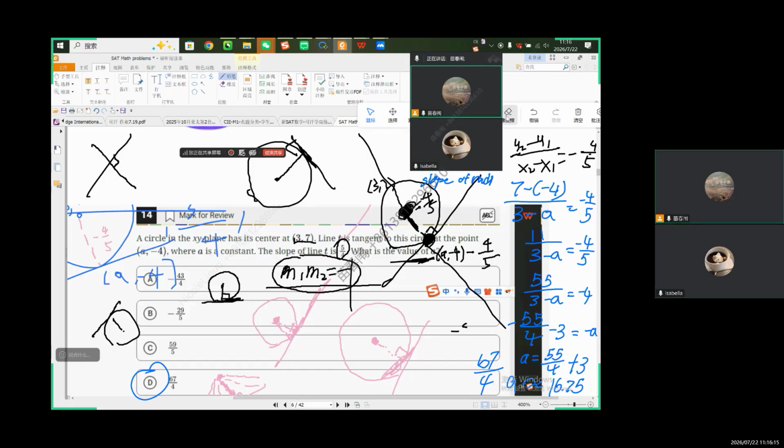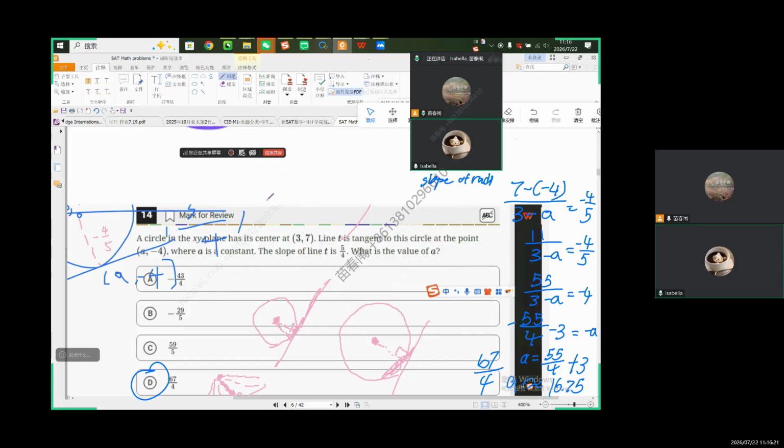Let's see, what do we have to remember about this? First, it's the tangent line that we have to know, any tangent line. Other lines have no intersection or two intersections. A tangent line is always the one that has only one intersection, right?